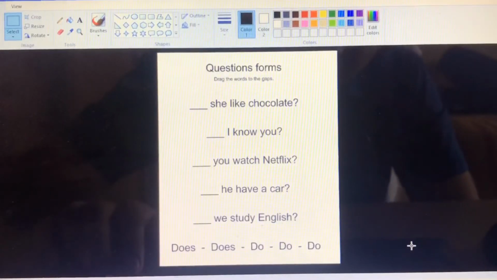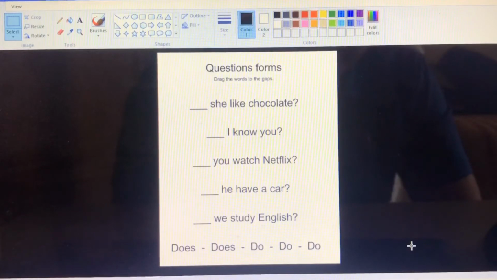Now, we will answer some question forms. For this section, you will help me decide which word belongs in each question. First, we need to identify what could be the possible answers for each of them. Now, remember, the key to knowing which one belongs is by identifying the pronoun.